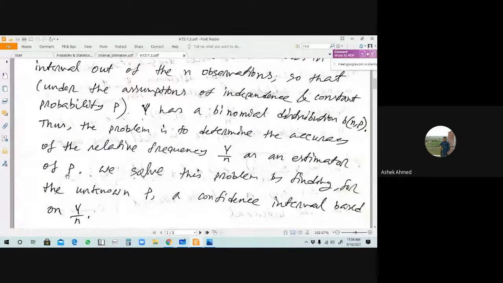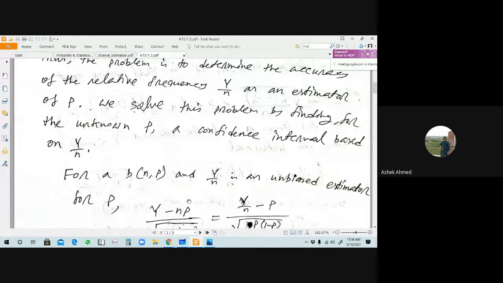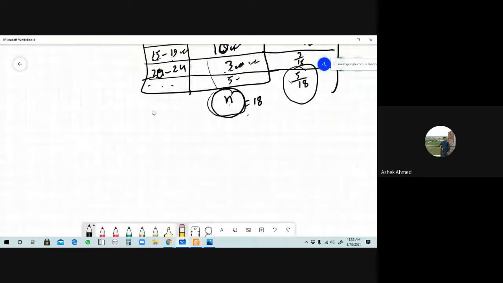We have already learned about estimators from the estimation topic. We learned how to provide and determine an estimate. So we solve this problem by finding, for the unknown parameter p, a confidence interval based on y by n. Since y is b of n comma p, tell me what do you mean by b of n comma p?